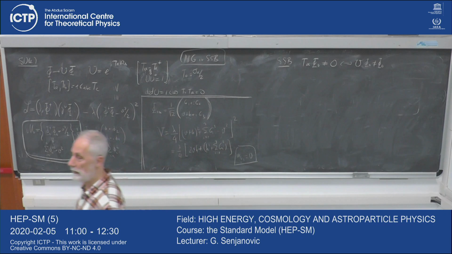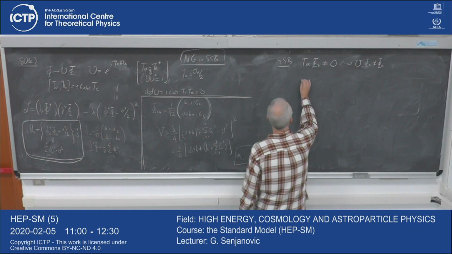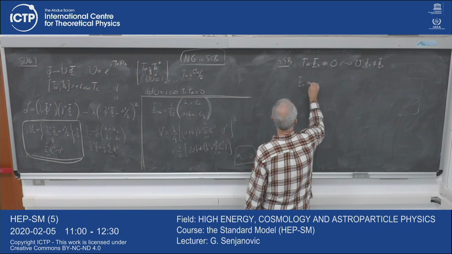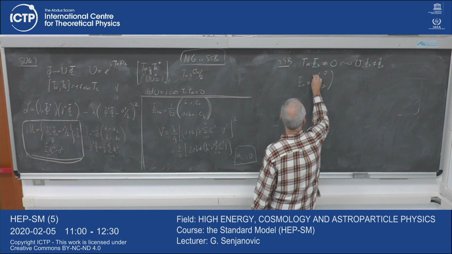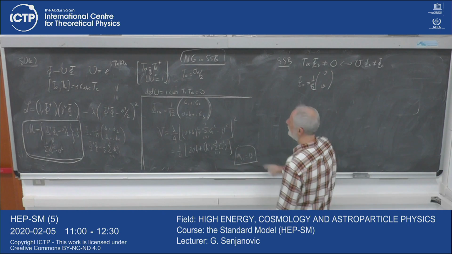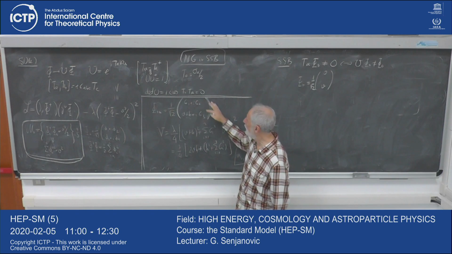Vacuum is going to be non-trivial, it's going to carry charge, symmetry will be broken in that particular direction. But my generators are Pauli matrices. You see what I've done? I've taken phi 0 in this case. I didn't specify it, but now you see, I took it like this. Phi 0 is the constant value of the fields when I don't include the field.